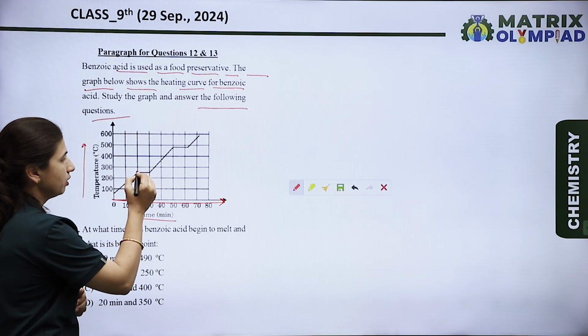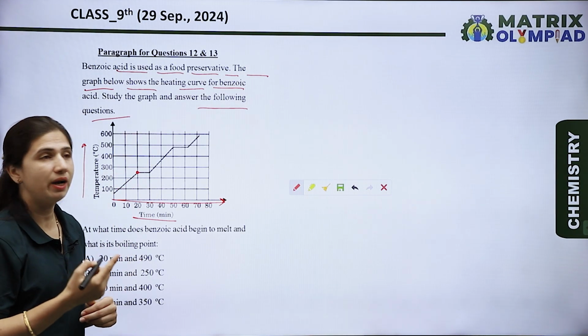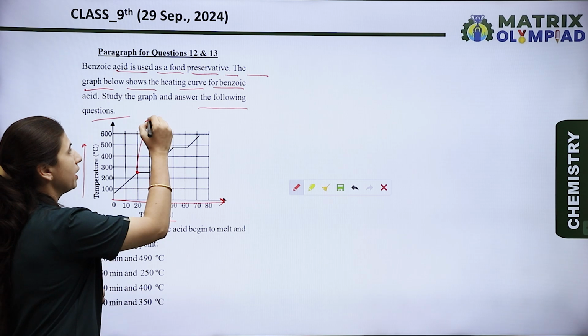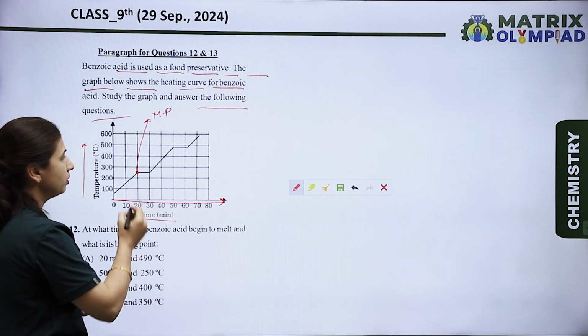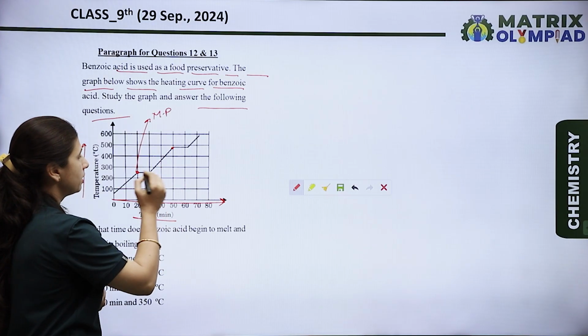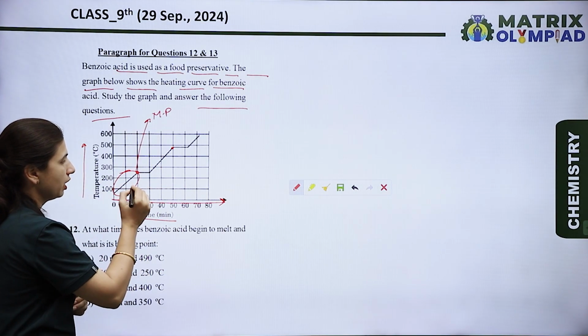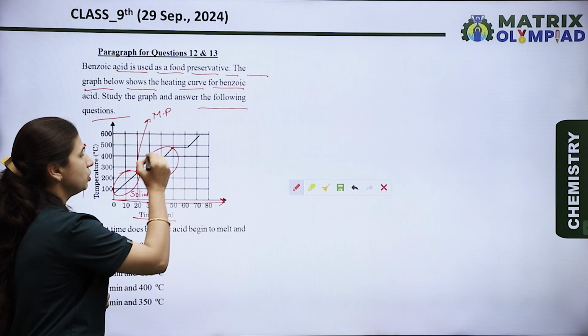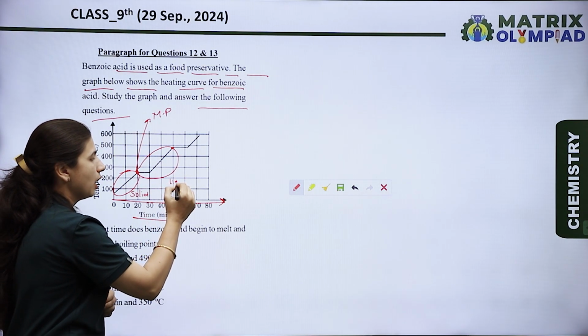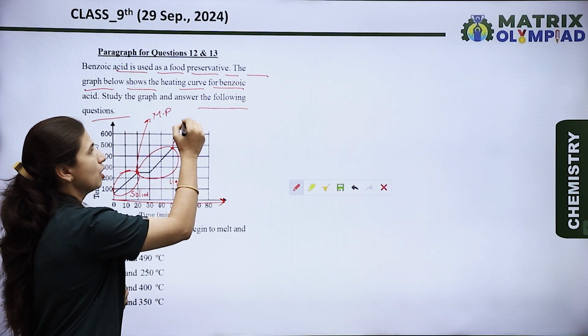At this point the benzoic acid starts to melt, which means this point is the melting point of benzoic acid. After this point till here it is present in the solid state, and in this portion it is present in the liquid state, and this is the boiling point.